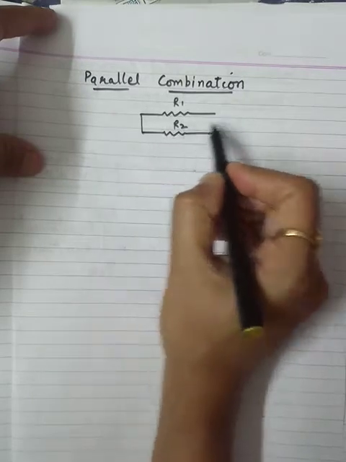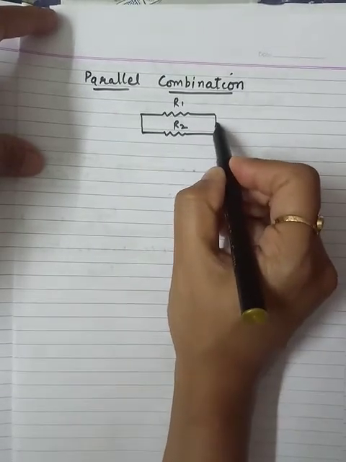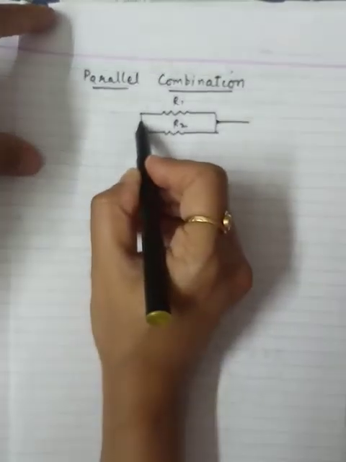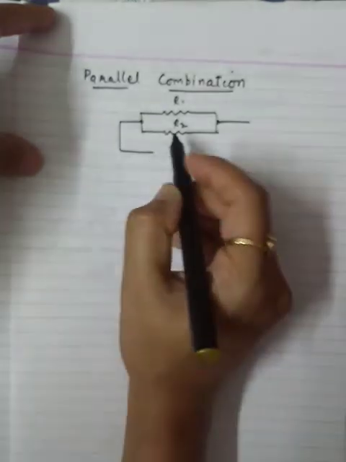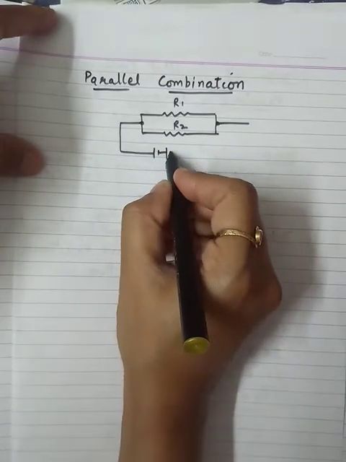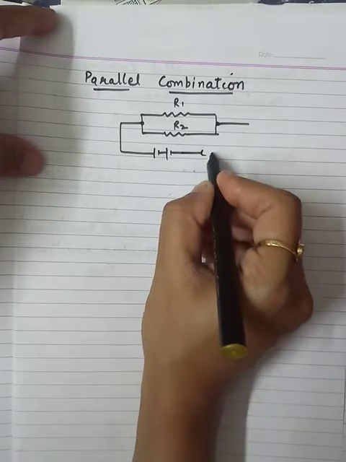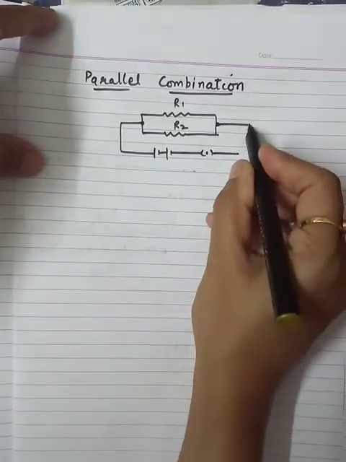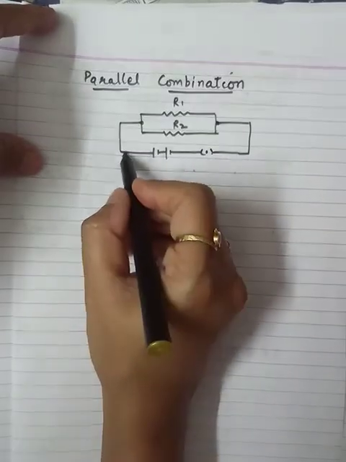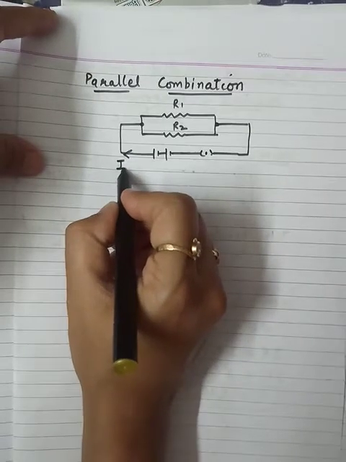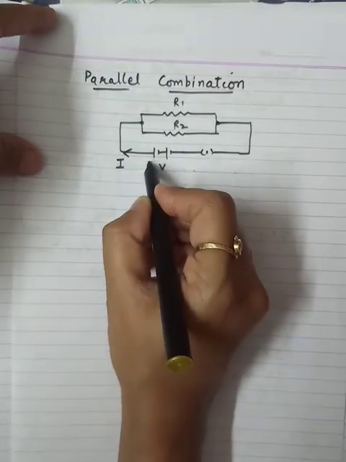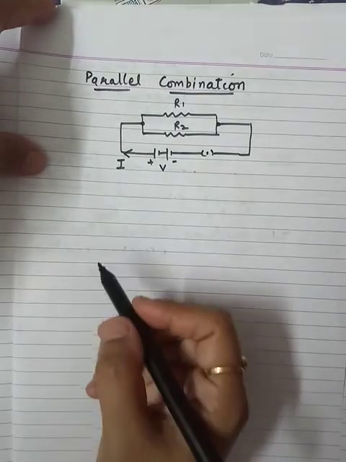These both are connected like this and they can be connected to the battery like this, with a key maybe, and then the circuit is complete. The current direction, again I am taking it as this, and this is the potential difference, right?